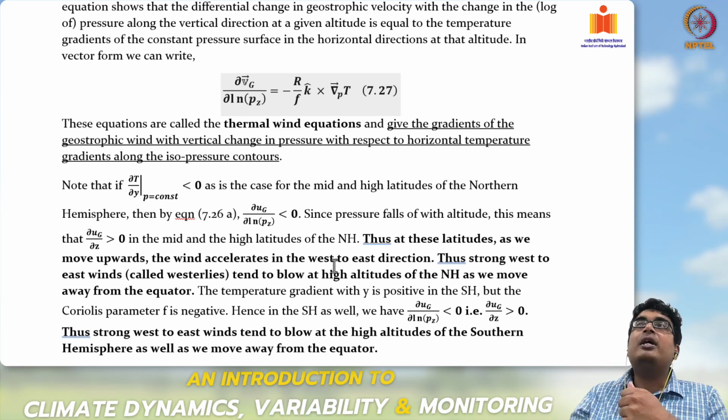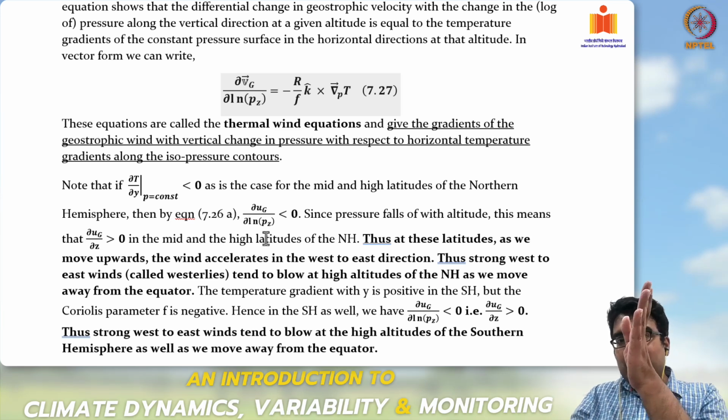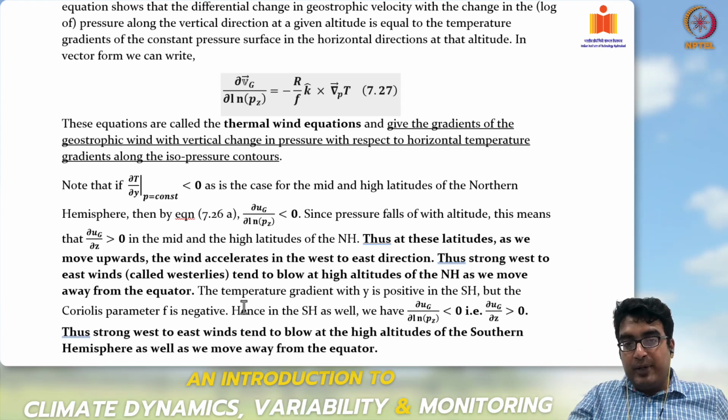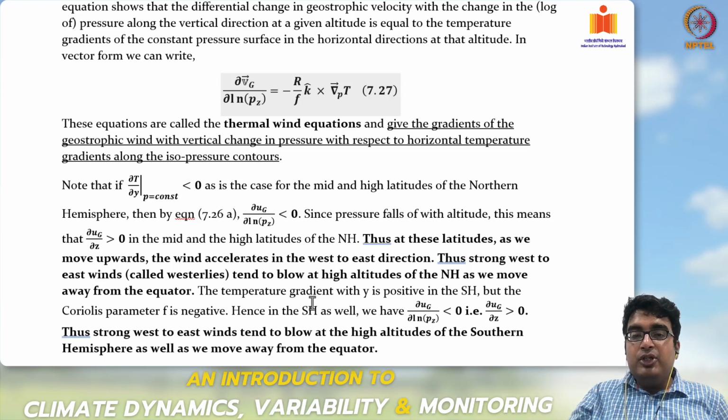So, if you do a change in the coordinate system and try to do del UG del Z, the change in the zonal geostrophic velocity with increase in altitude will be opposite in sign to the change with pressure, because del Pz del Z itself is negative. Pressure is decreasing with altitude. So, if del UG del log Pz is less than 0, del UG del Z is greater than 0.